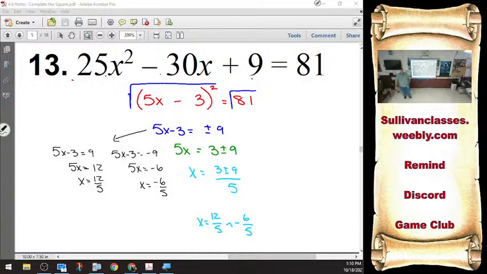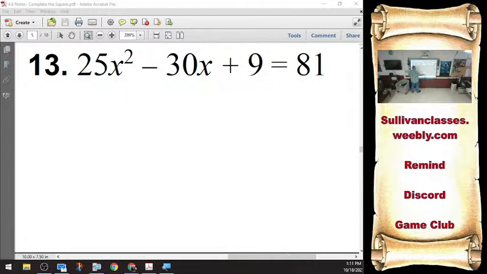Okay, either way works. One involves a little bit of mental math, the other one involves a little bit of writing. It's whatever your preference is. But I have to have a perfect square trinomial in order for this to work. It's not always going to be a perfect square trinomial.